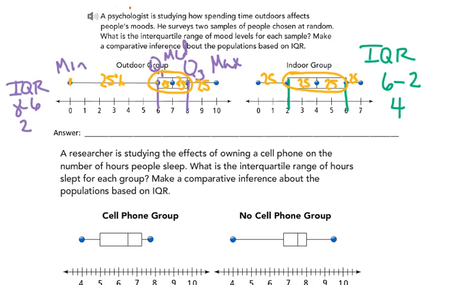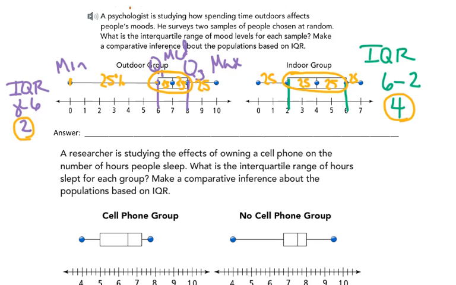So I'm going to use that to answer the question. My comparative inference is that the middle 50% of people who spend time outdoors have less mood variability than the middle 50% of those who spend time indoors. So here's my outdoor group. We have a variability of 4 here, and here we have a variability of 2.